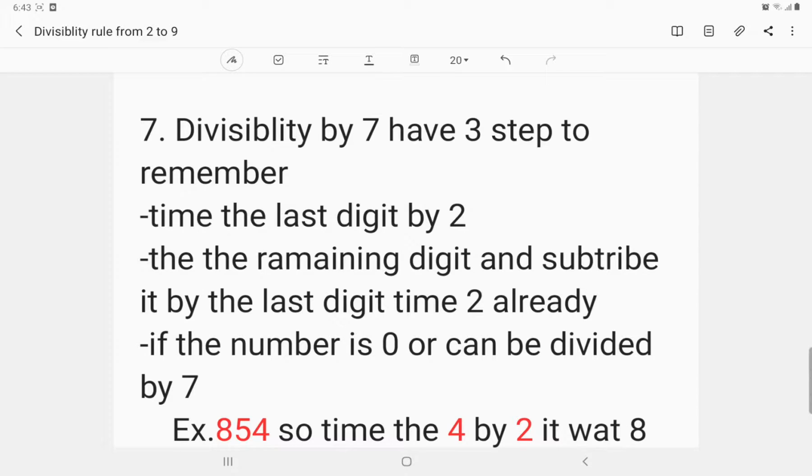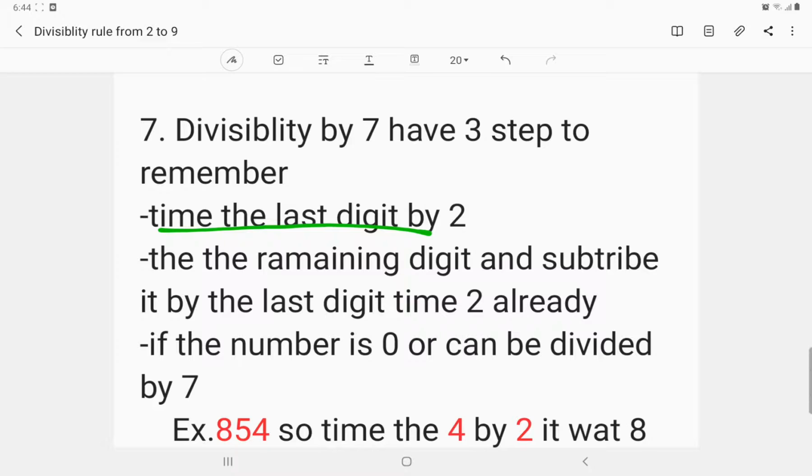Divisibility by 7 has 3 steps to remember. So this is the longest. The first step: take the last digit and times it by 2, or double it.